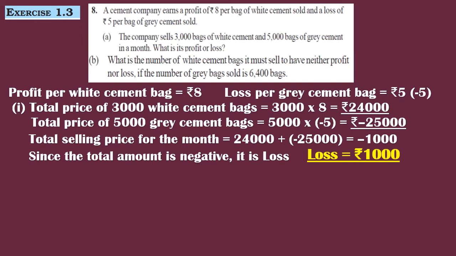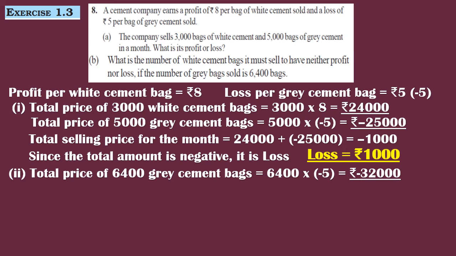Now the second question. What is the number of white cement bags it must sell to have neither profit nor loss, if the total number of grey bags sold is 6,400 bags? If there is no profit, no loss, both should be equal. Then only we can say there is no profit, no loss.